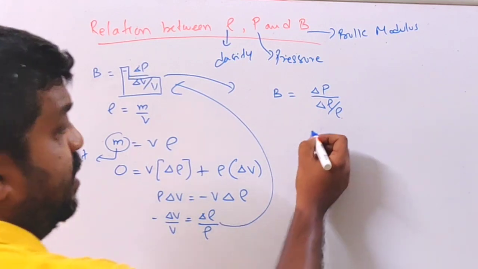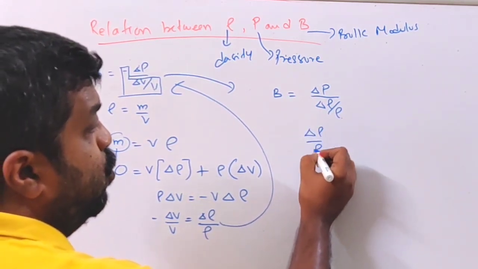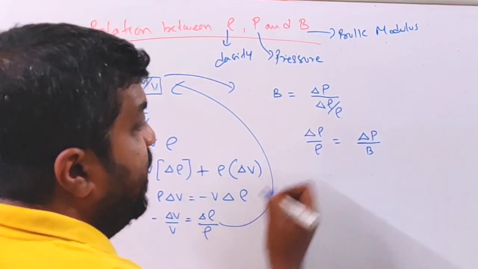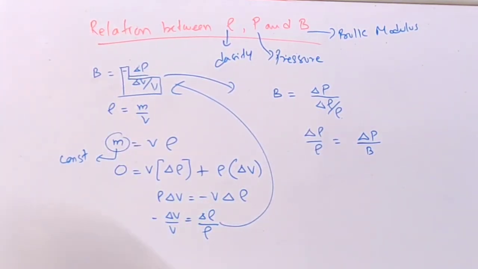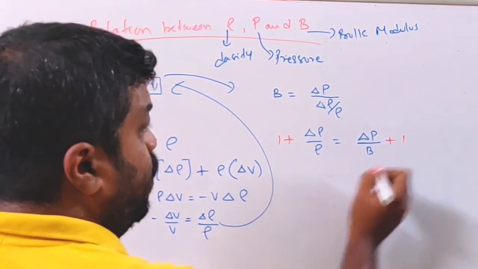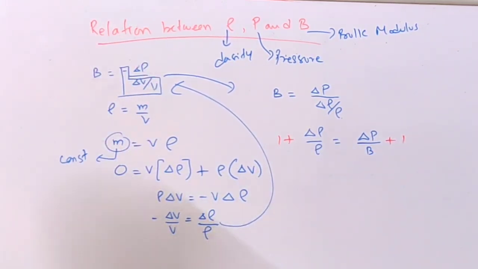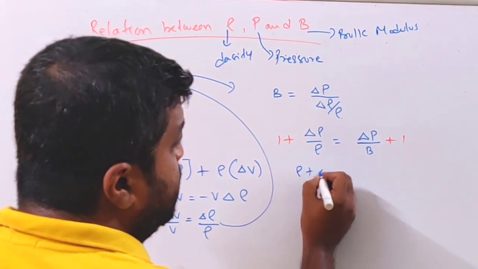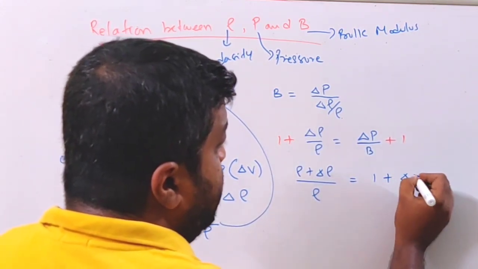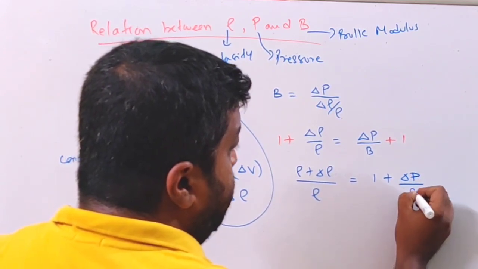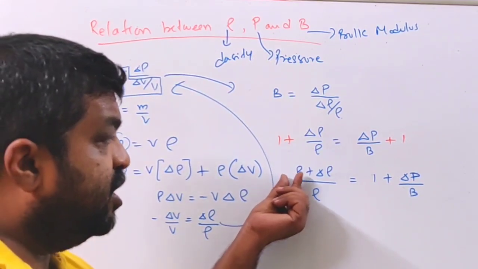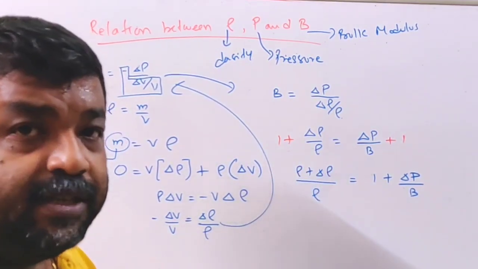So I can write delta rho by rho is equal to delta P by B. Now if I add 1 on both sides, this becomes rho plus delta rho by rho equal to 1 plus delta P by B. Basically, this is the initial density plus change in density, that is the final density.